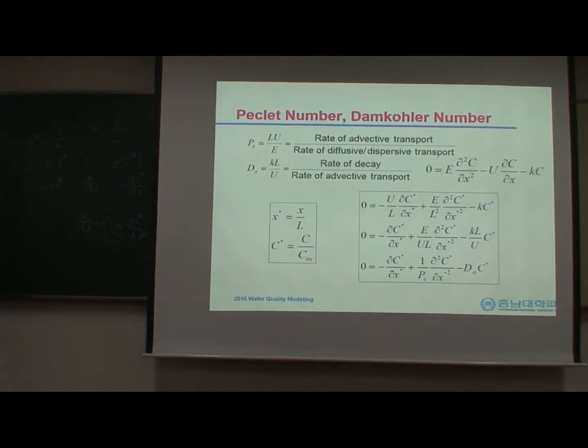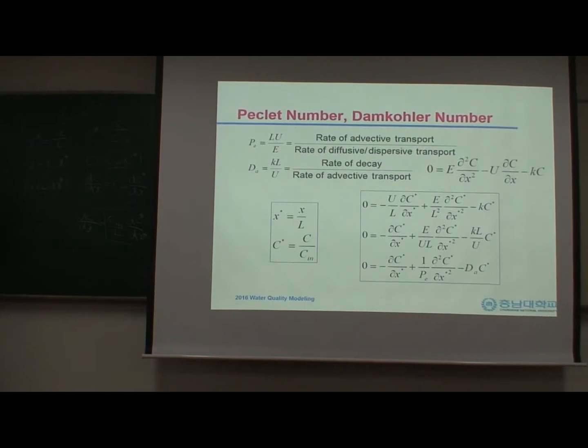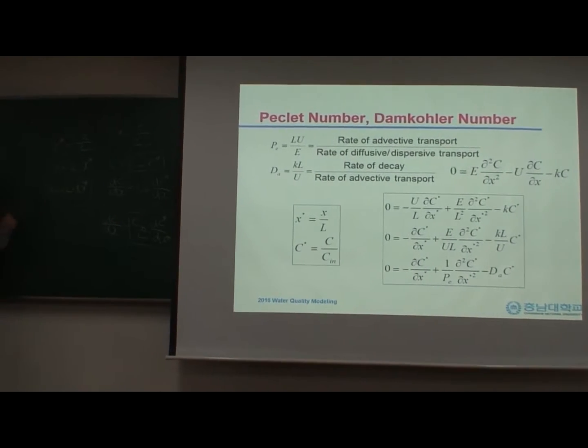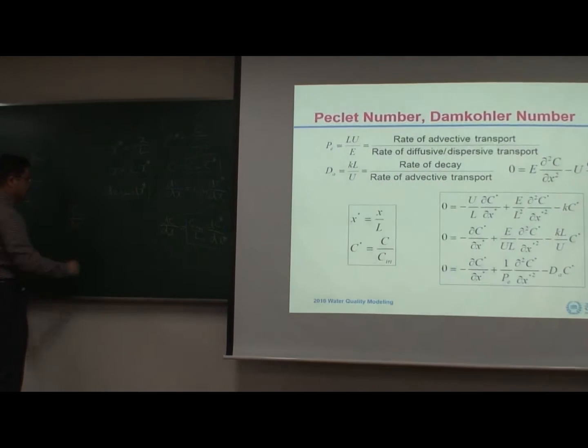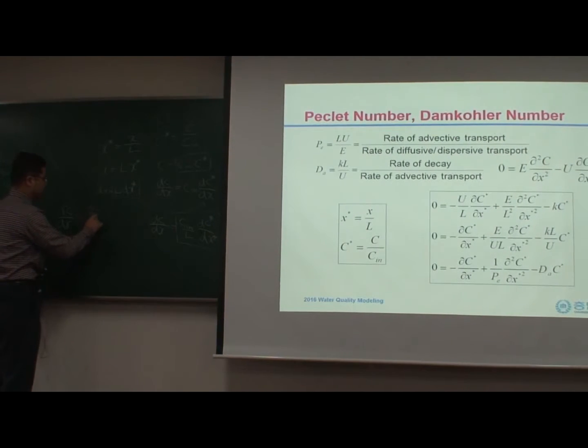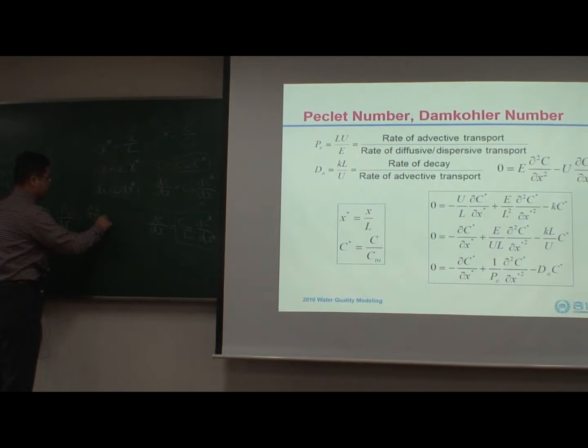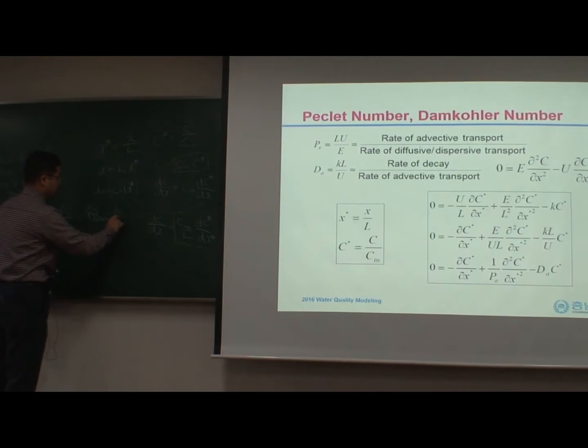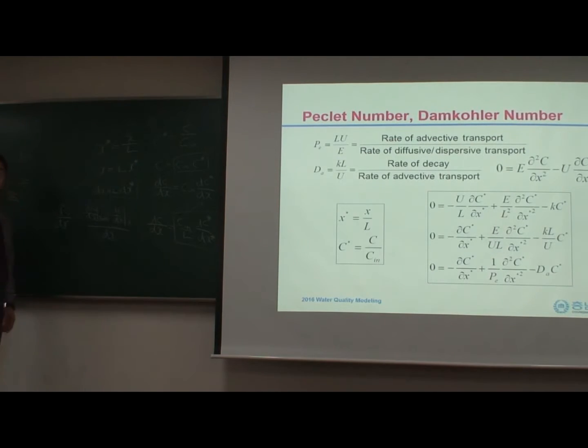But also this one is actually dC/dx at x plus delta x, minus dC/dx at x, and divide by dx, right?